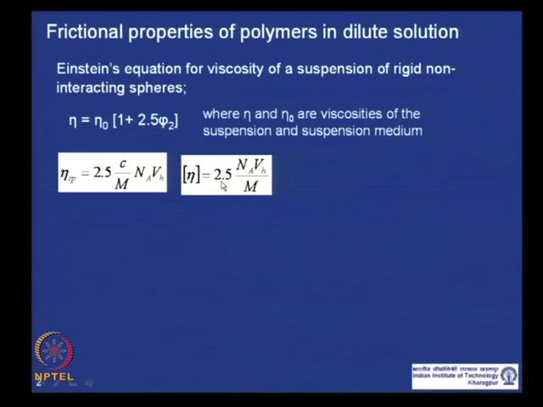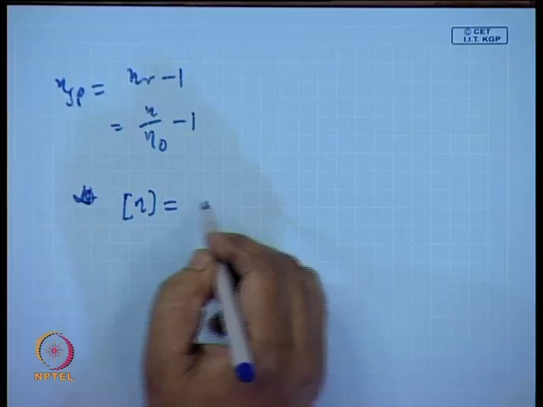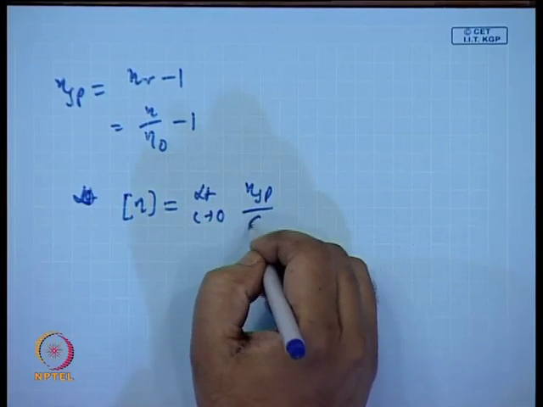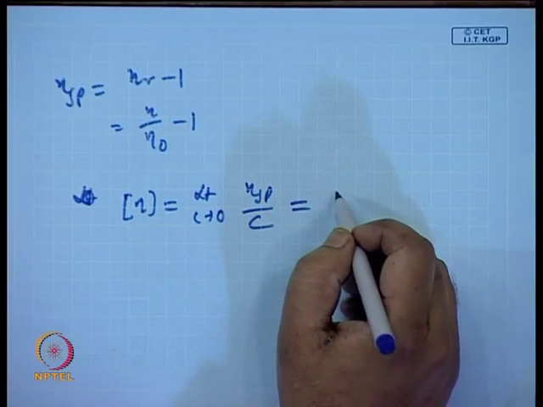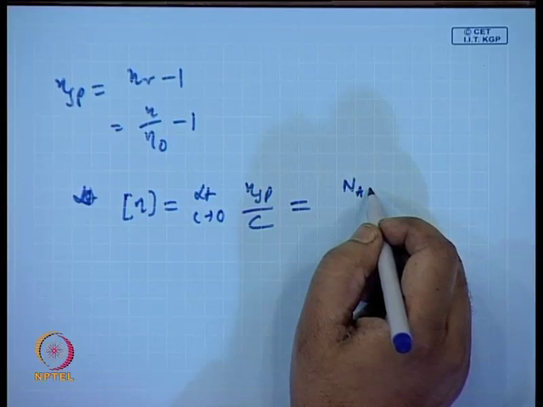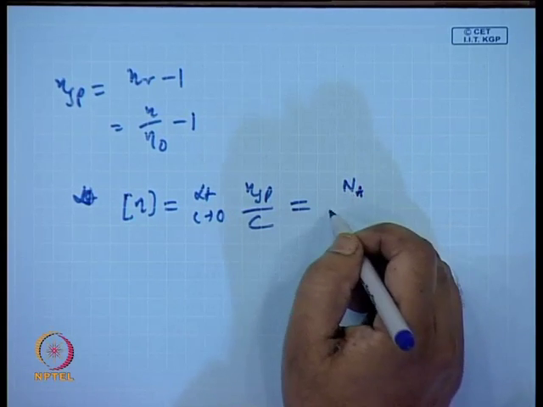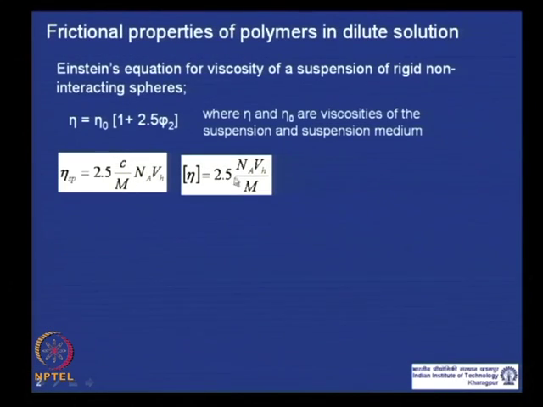I can rearrange it, because intrinsic viscosity is given by the limit c tends to 0 of eta sp by c, which is basically given by Na times VH by M. You divide by c and you get this expression.